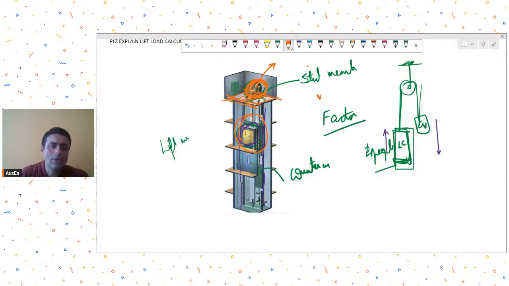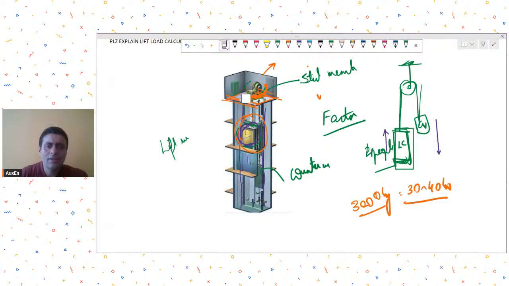Then that load you can transfer to the RCC system. So it's quite easy. Even if it's 3000 or 4000 kgs, it is only 30 to 40 kilonewtons, which in structural terms is not a very large load.